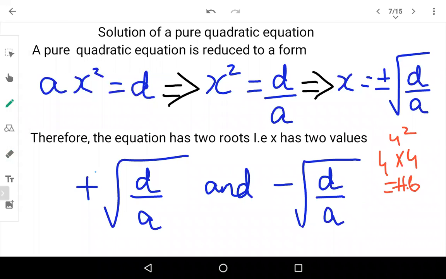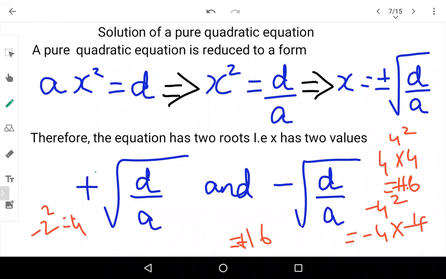So when it is minus 4 square, you will have minus 4 into minus 4. 4 fours are 16, and minus into minus is plus. Correct? So it's not only for 4, for any number that you square, minus 2 square is 4 only. It's not minus 4.